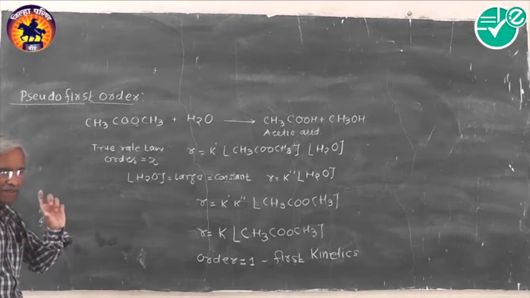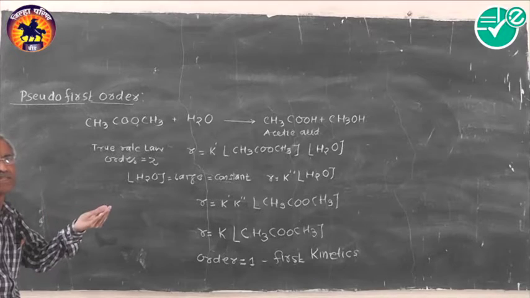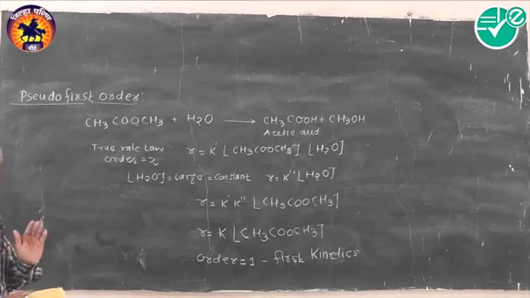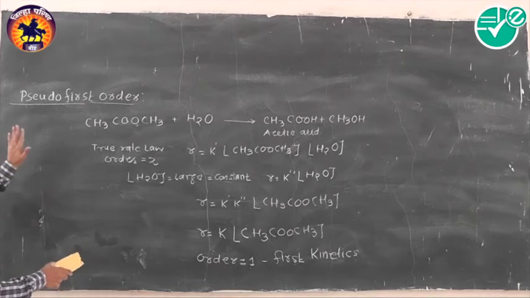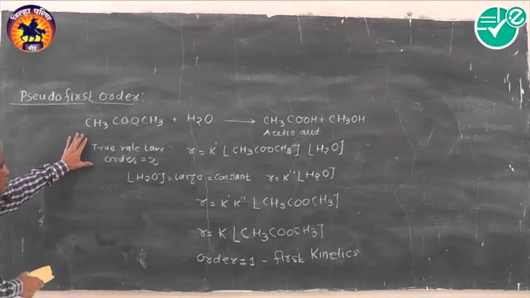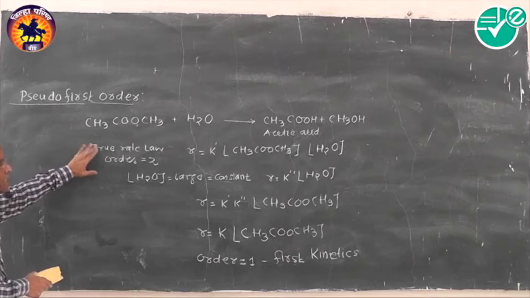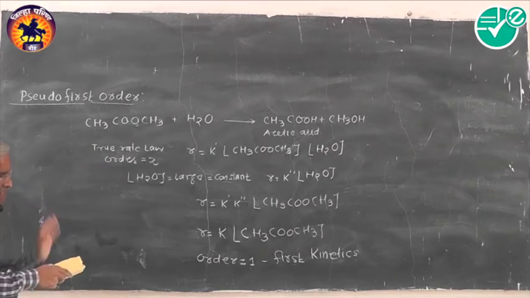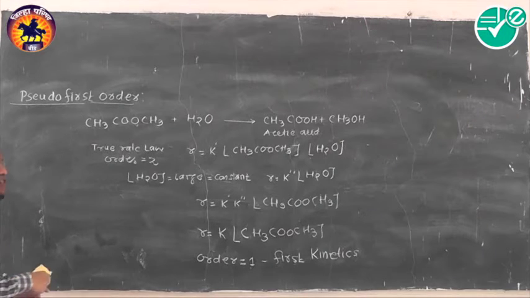That means something appears externally different, and actually in result it is something different. For that purpose we are using the English word pseudo. Therefore it is showing the true rate law equal to 2, but experimentally it is only following the first order.